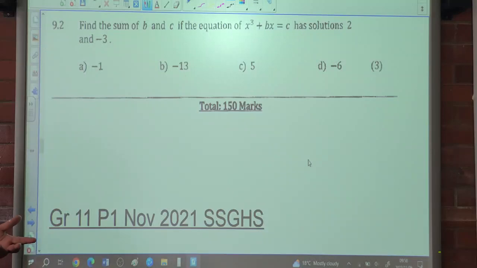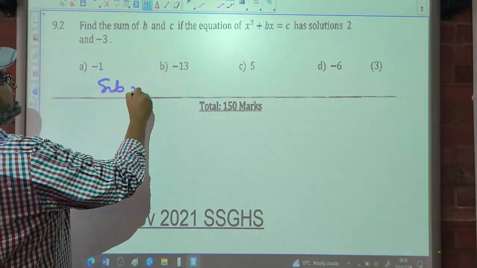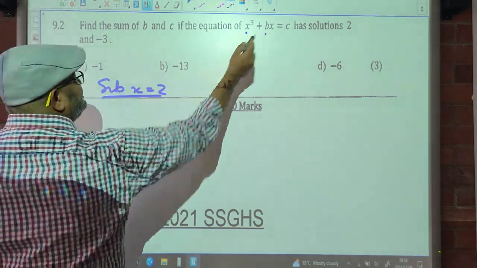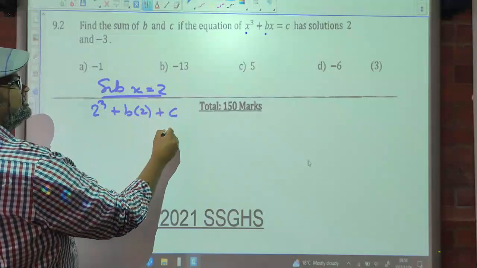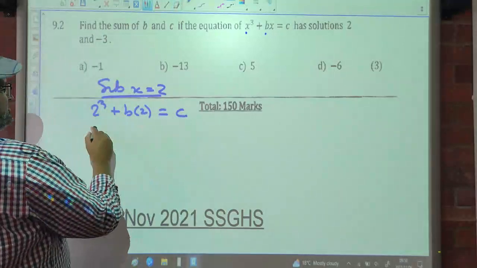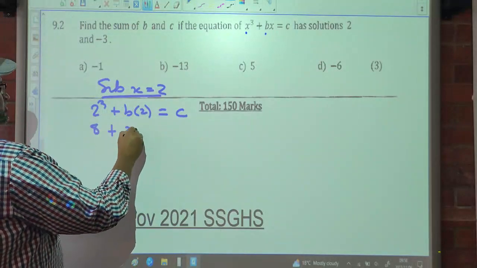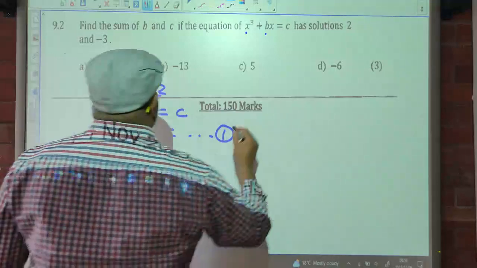Values for x. So what I do is I substitute x is equal to 2 into here. So it's going to be 2 cubed plus b times 2 equals c. So that is going to be 8 plus 2b is equal to c. That's equation 1.